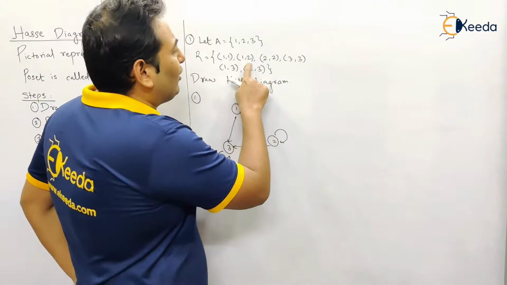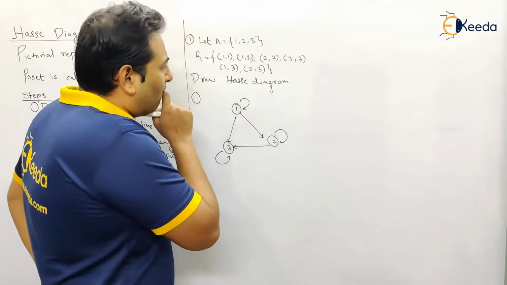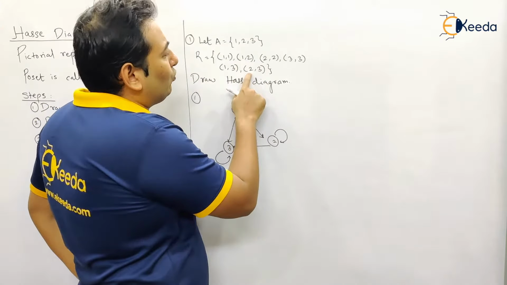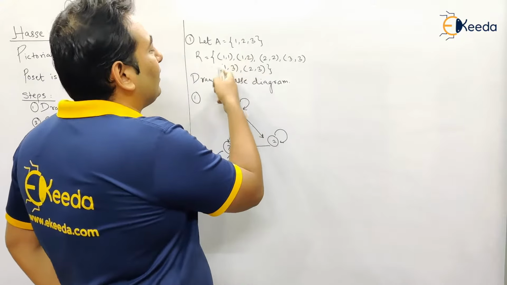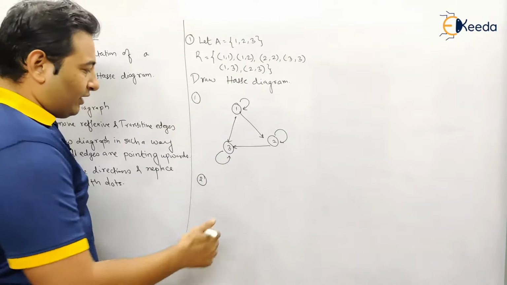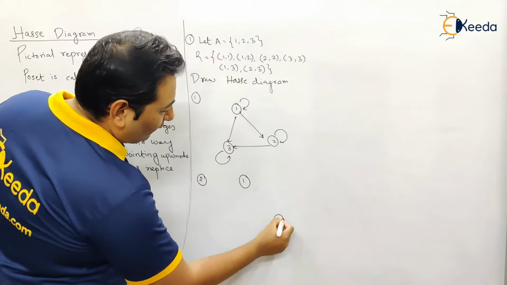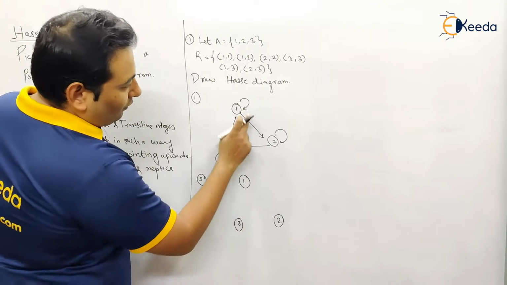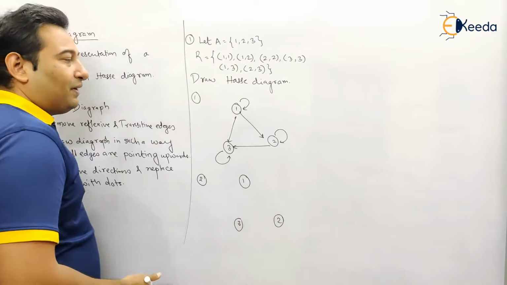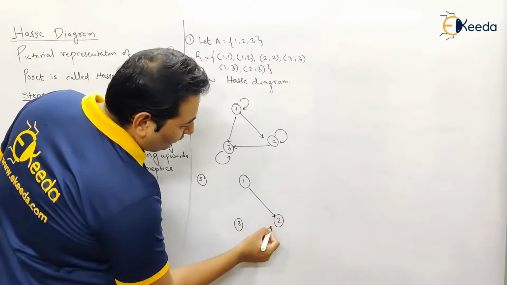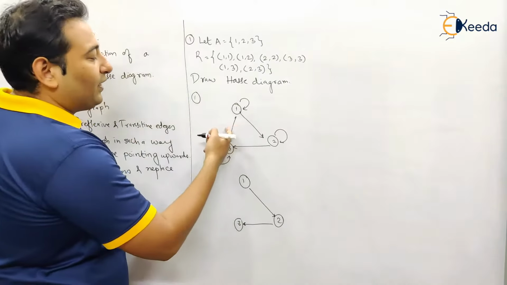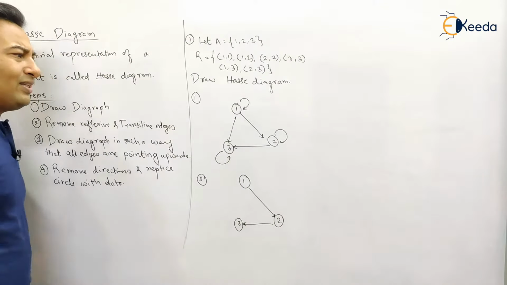See here, 1 2, 2 3. So 1 3 is your transitive edge. So let us remove this edge. After removing, we removed the circles because they are reflexive edges. We are left with 1 2 and 2 3 because we removed this transitive edge.